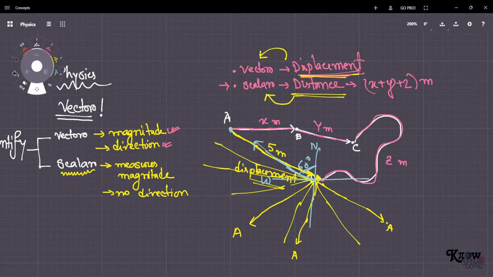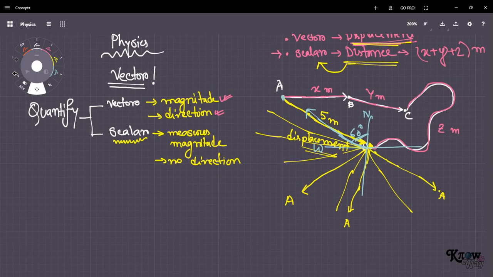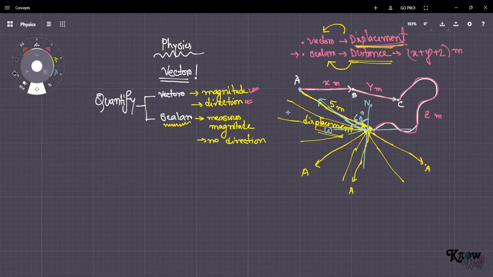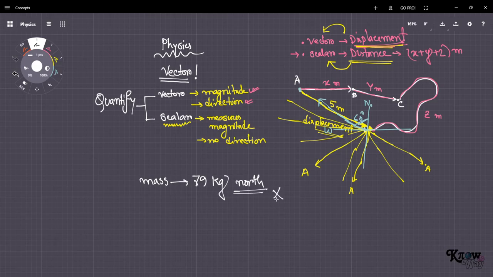There are also other examples of vector quantities and scalar quantities. Let's take mass. We don't need anything to determine mass, right? I can just clearly say I am, let's say, 79 kilograms. Do you need any direction here? Do I need to say I'm 79 kilograms north? No, we don't need a direction here. It is completely irrelevant to our topic.